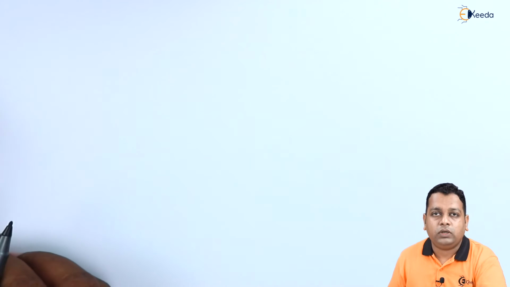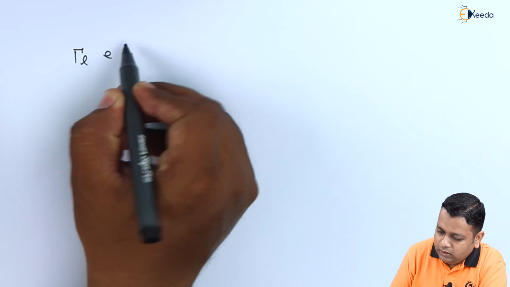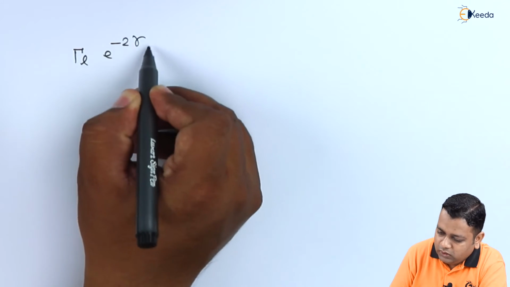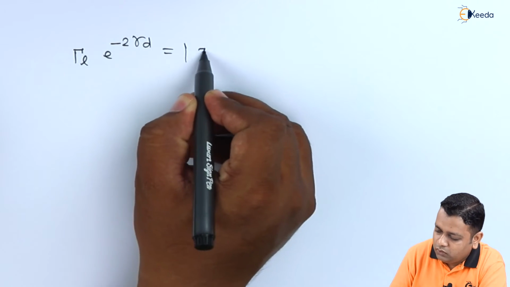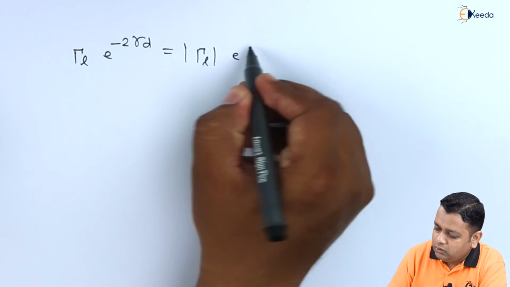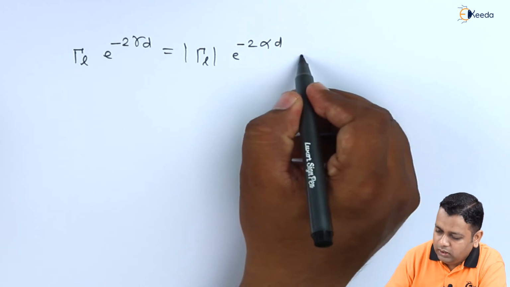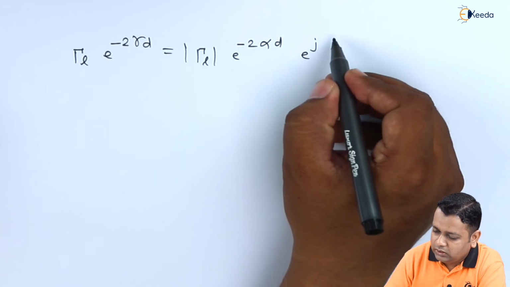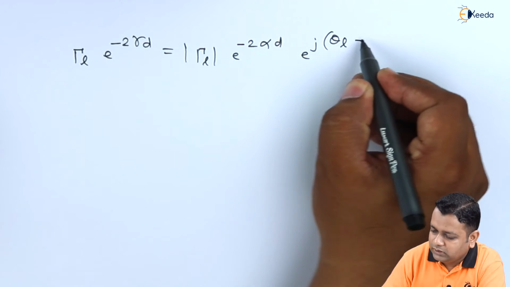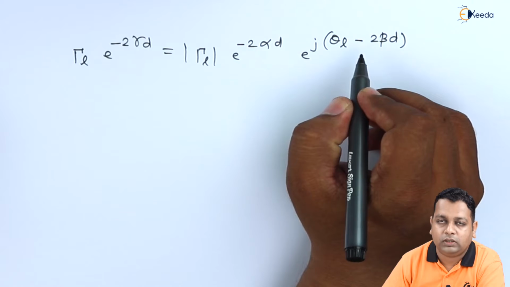In this equation, gamma suffix l into e to the power minus twice gamma d is equal to the mod of the reflection coefficient gamma suffix l into e to the power minus twice alpha d, into e to the power j times theta suffix l minus twice beta into d.